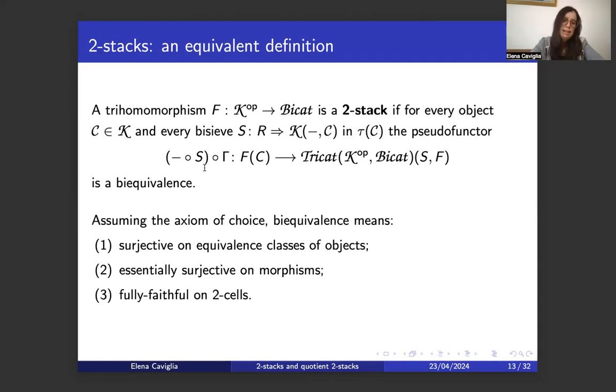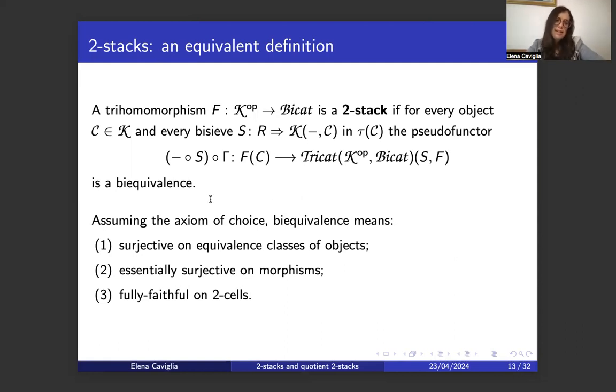We can equivalently say that it is a 2-stack if for every bi-sieve the precomposition with the bi-sieve, precomposed with gamma, which is the biequivalence given by the Yoneda lemma, is a biequivalence. So here we are simply using the 2 out of 3 rule for biequivalences.